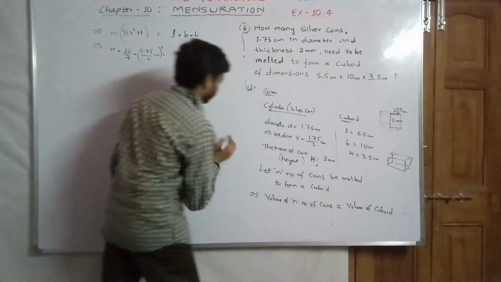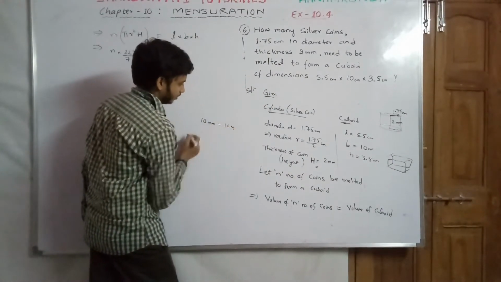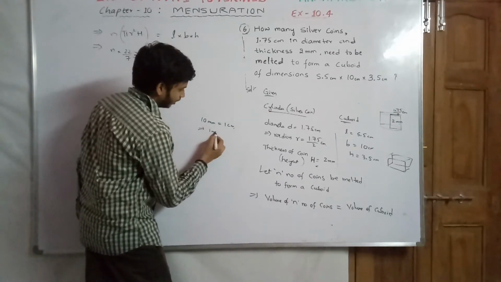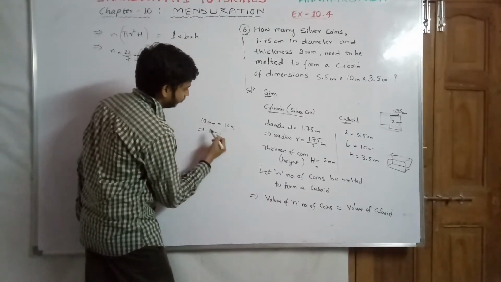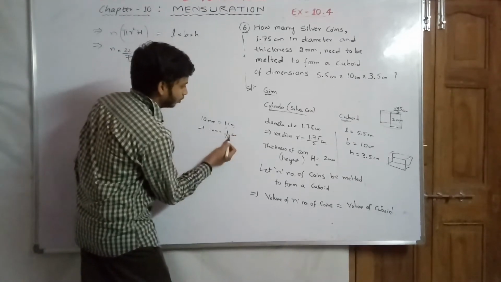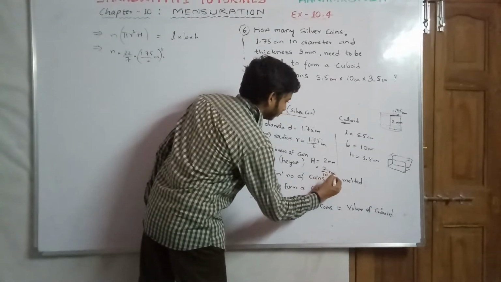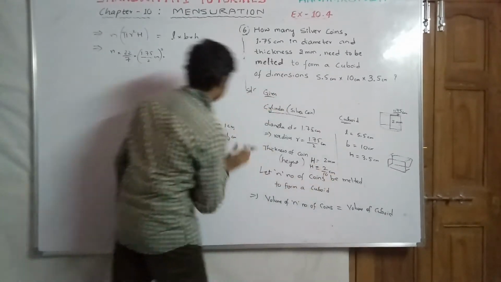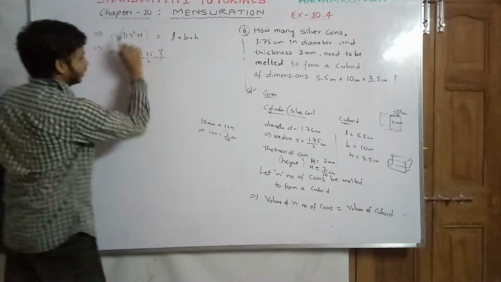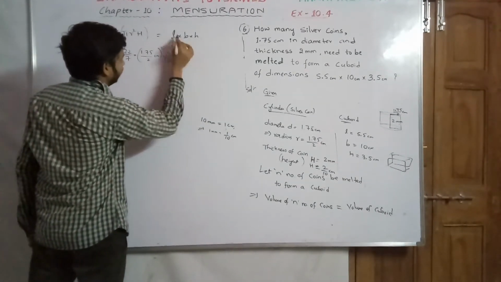We know that 10 millimeters equal 1 centimeter, so 1 mm equals 1 by 10 centimeters. Similarly, 2 mm equals 2 by 10 centimeters. So in place of h write 2 by 10 centimeters, equal to length into breadth into height.